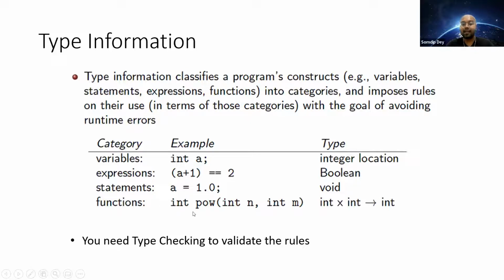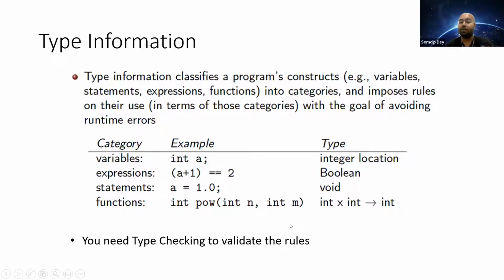In this line of code where we have int pow, pow is the function, and the passed arguments or parameters are int n and int m. Technically, the input variables are of type integer, and the return type is also integer.